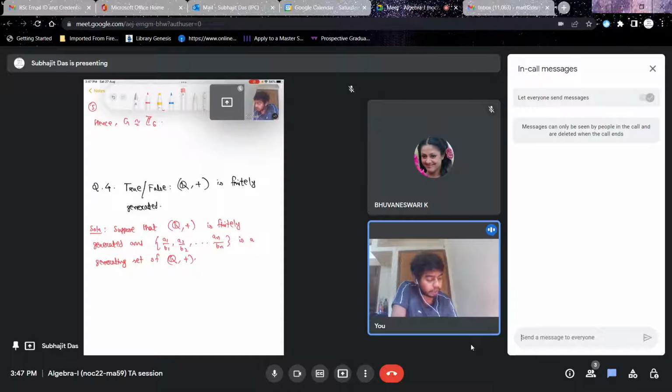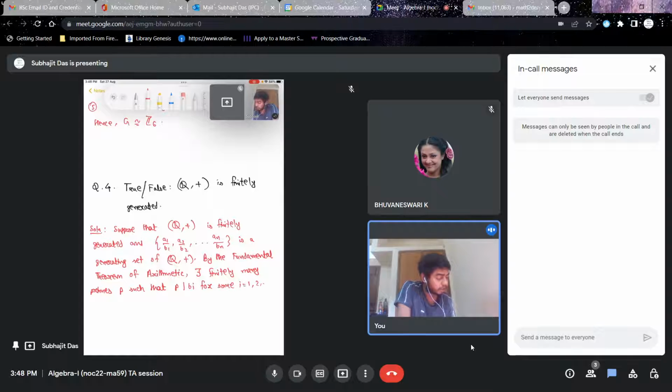By the fundamental theorem of arithmetic, there exist finitely many primes p such that p divides Bi for some i between 1 and n, right?